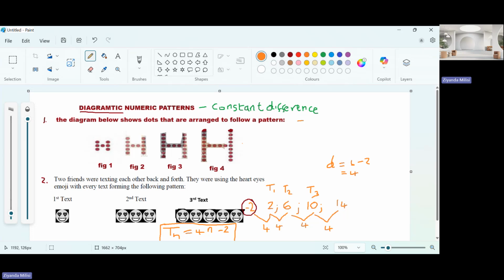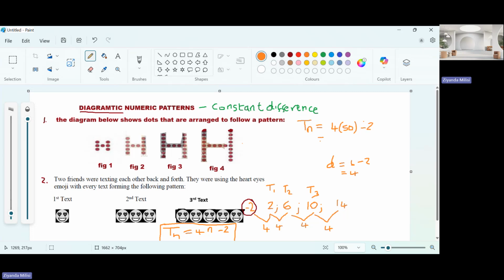You say Tn is equal to 4 times n, we said it is 50, plus negative 2.